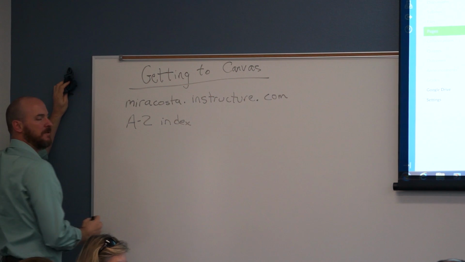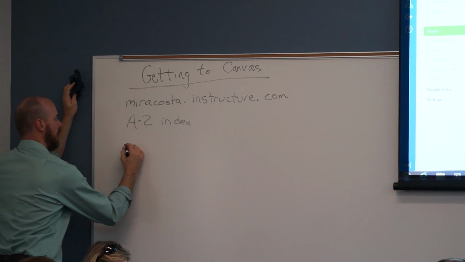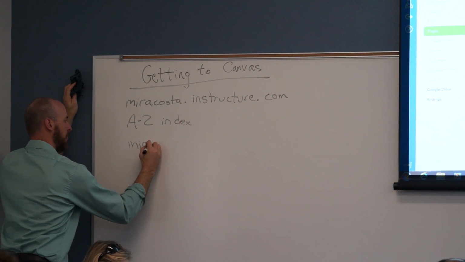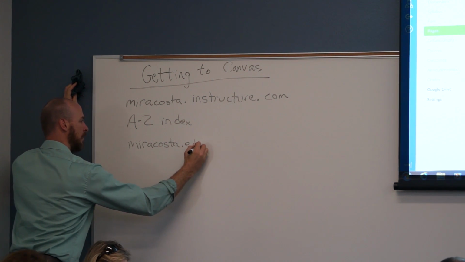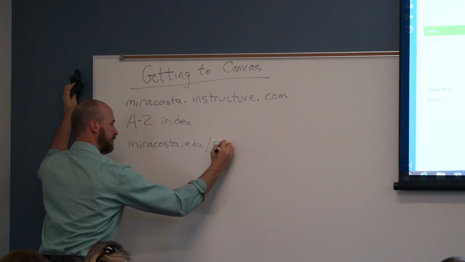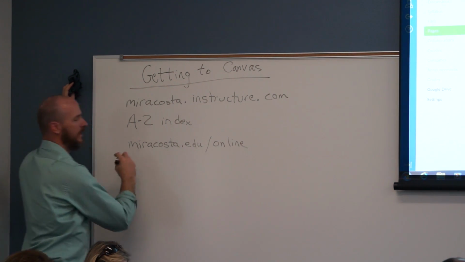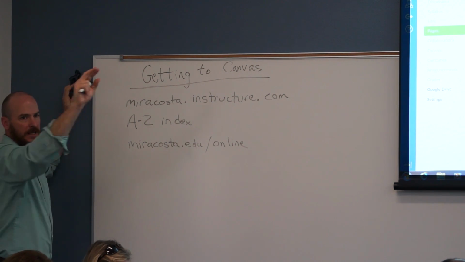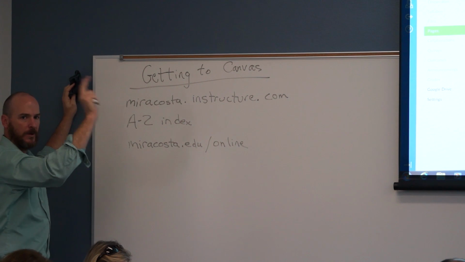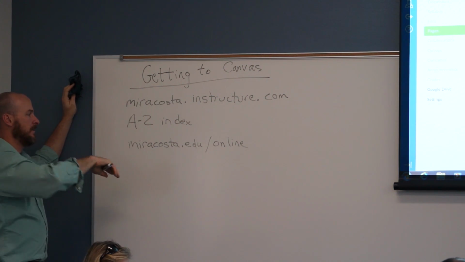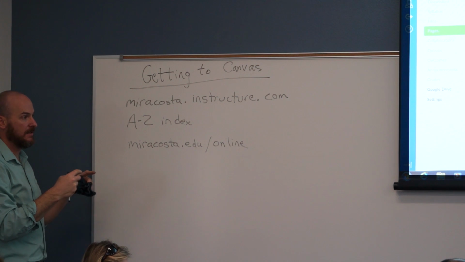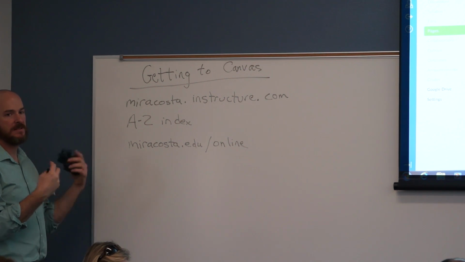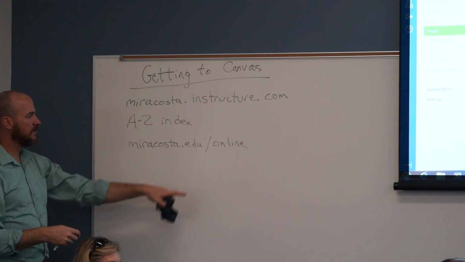You can also go to Miracosta's online education page, which is just the short URL miracosta.edu/online. If you go there, you'll see 3 links right at the top of that page for Blackboard, Moodle, and Canvas. So that's a nice way right now to think about it, because you're probably using more than one system, and students are using more than one system, so that will take you there.